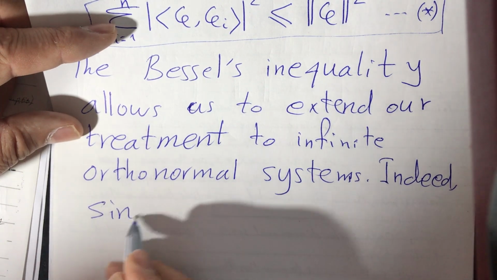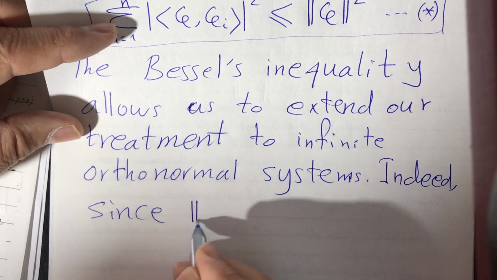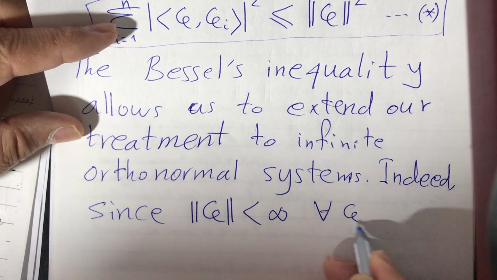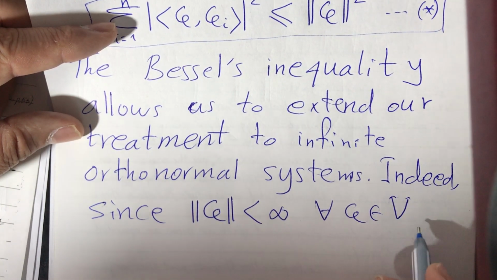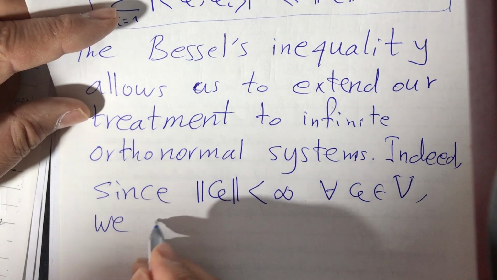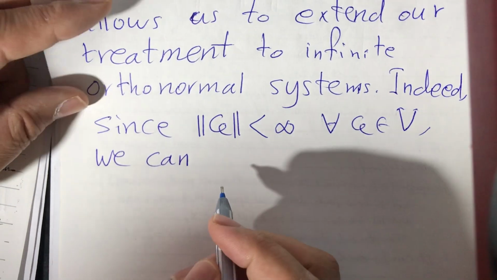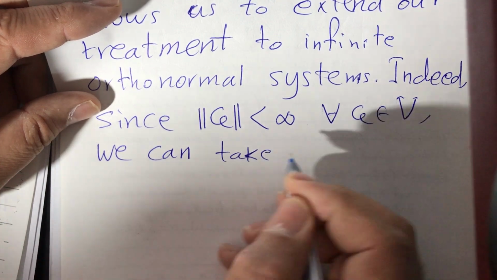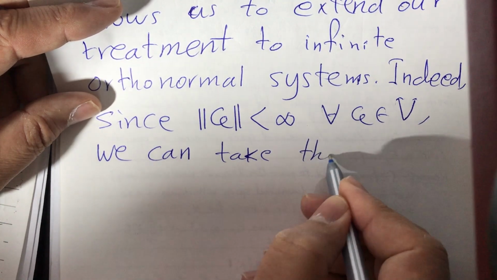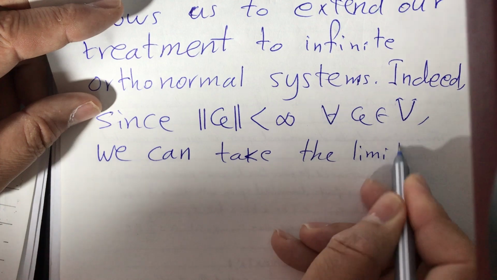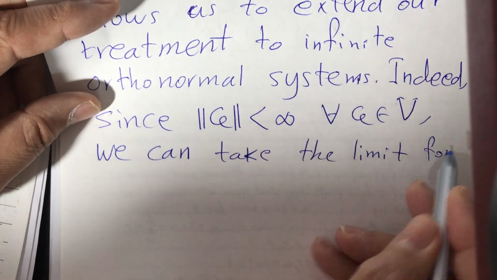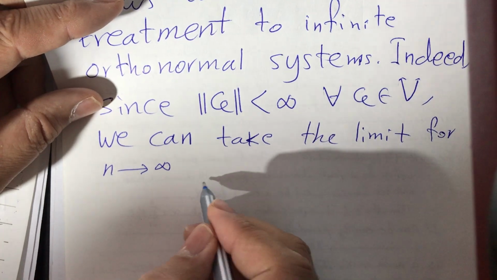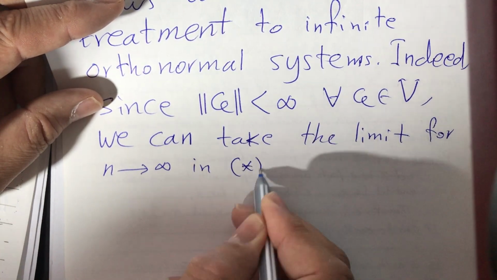Indeed, since the norm of phi is less than infinity for all phi belonging to V, we can take the limit as n goes to infinity in star.